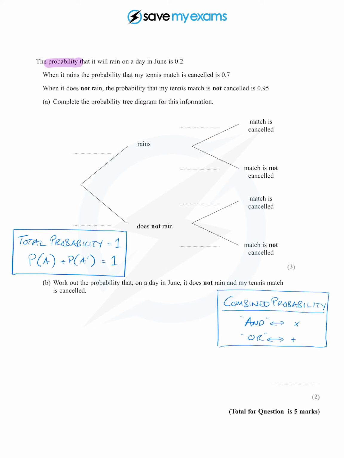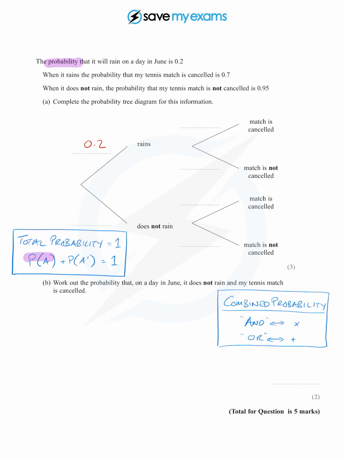Okay, here we go. So, first decision, is it going to rain? Probability of raining, we're told at the top there, is 0.2. What about the probability that it does not rain? Well, our fundamental thing in probability, if you look in the first blue box, is that the total probability is equal to 1.